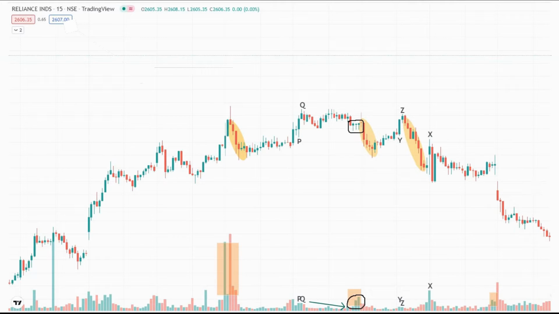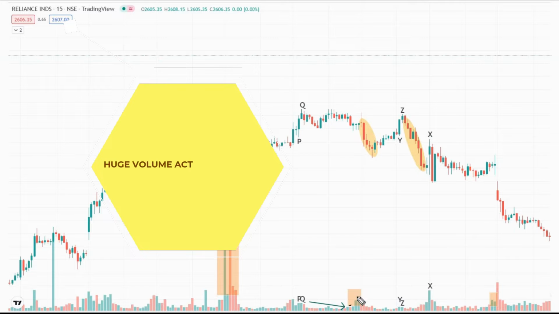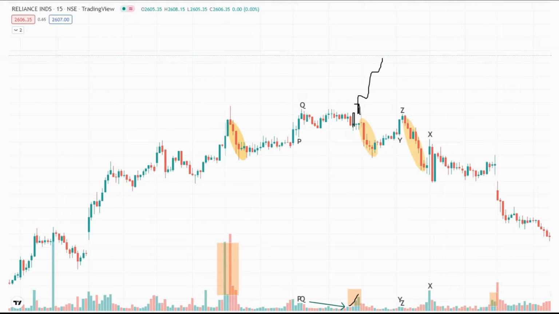If this was all buying pressure, then prices should have formed a candle like this and continued the upward momentum. But what is happening? Even after this huge volume surge, prices are just consolidating. So this is indicating that huge quantities have been exchanged by the institutions.